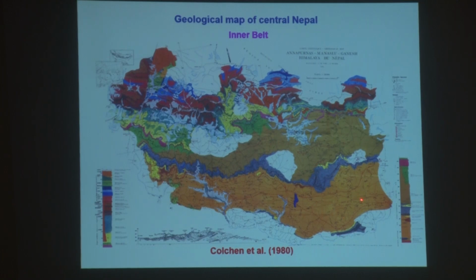This map was prepared independently of another map prepared by Stöcklin just east and south of this. This is the inner belt. If we compare these two maps, the stratigraphic units are surprisingly similar. This stratigraphic unit from here to here is very much similar to that of Stöcklin.